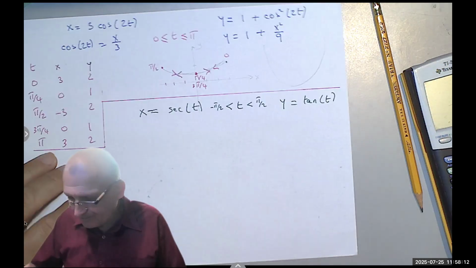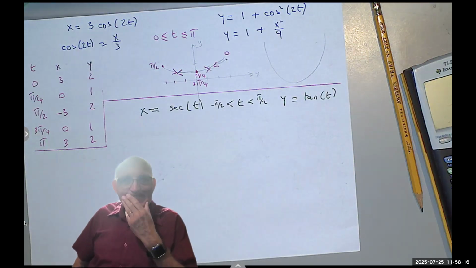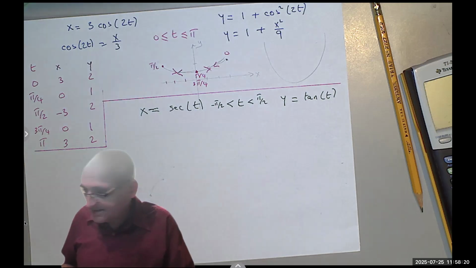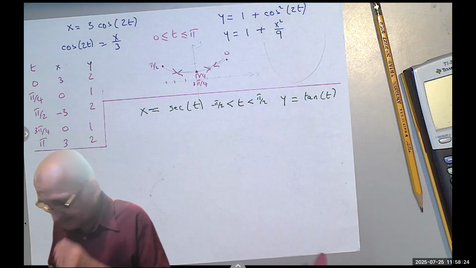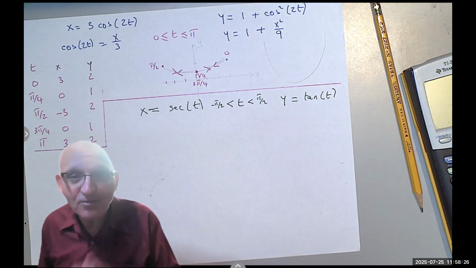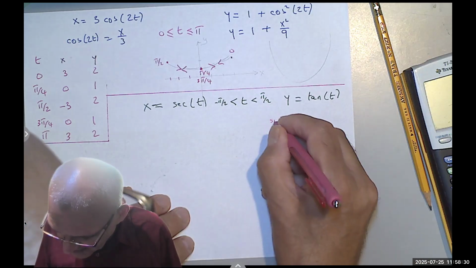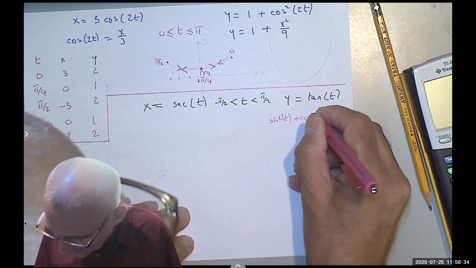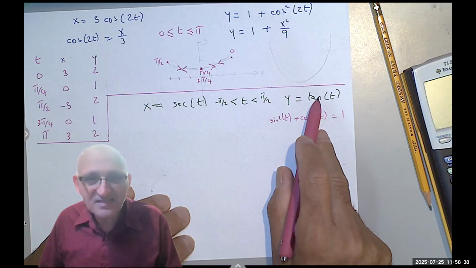Okay? So let's see. What do I know? I know that sine square plus cosine square equals 1. You don't have to memorize anything else, right? If you say sine square t plus cosine square t equals 1, you want tan. Tan meaning sine over cosine.